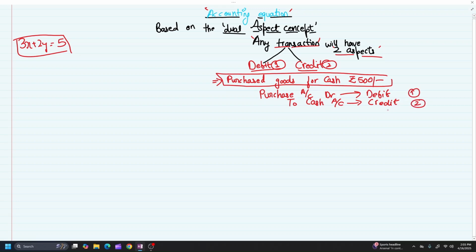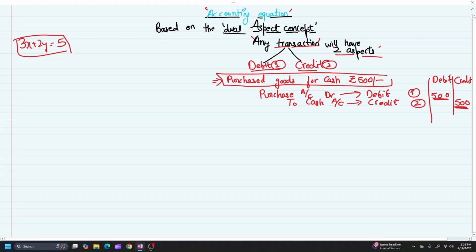So this is what the accounting equation is based on. And it says that the amount will be equal. Like here, if I draw the amount column, debit, credit. So what will it be? 500 and 500.